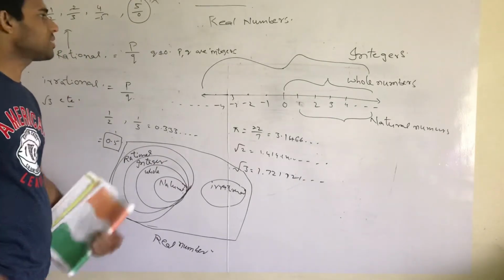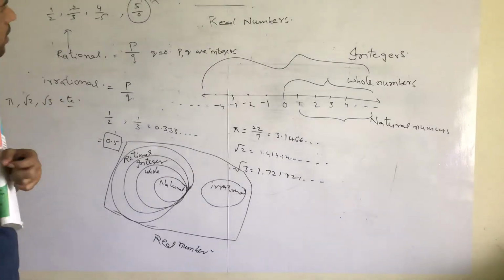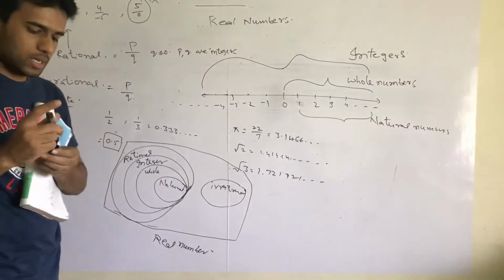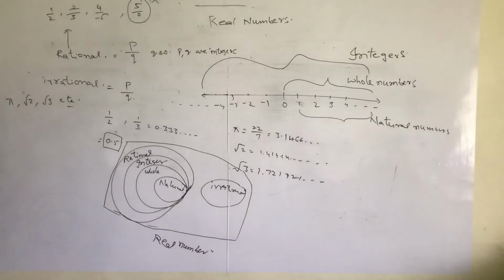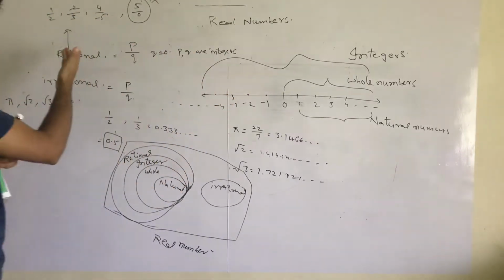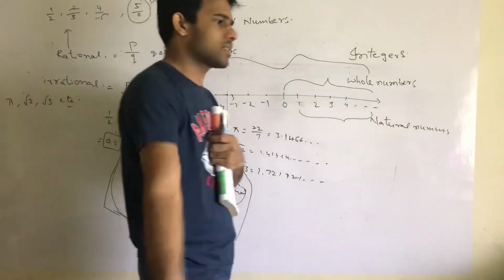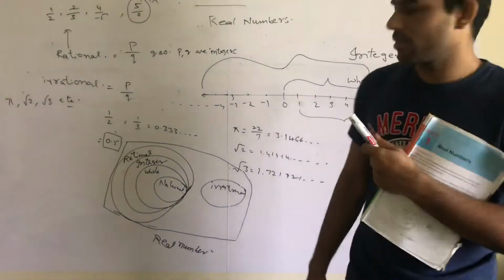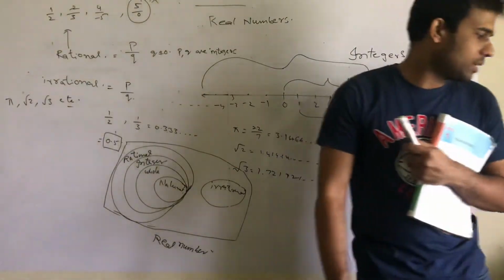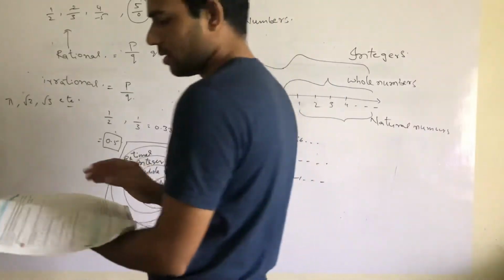Okay, now we will move on. Hope by now you understand what is a natural number, whole number, integer, rational, irrational, and what is a real number. Real number is a union of all these. Okay, hope you got it. Now I will move to the next concept.